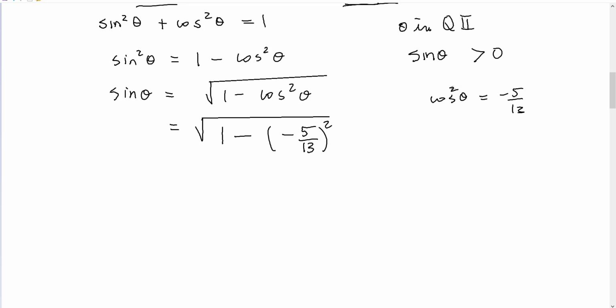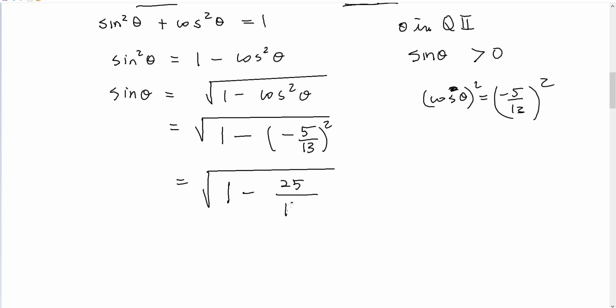Cosine squared theta means cosine theta to the square, so I'm just squaring it. When you're squaring the negative, it's positive. So we'll have 1 minus negative 5 squared, that's 25, over 13 squared, which is 169.